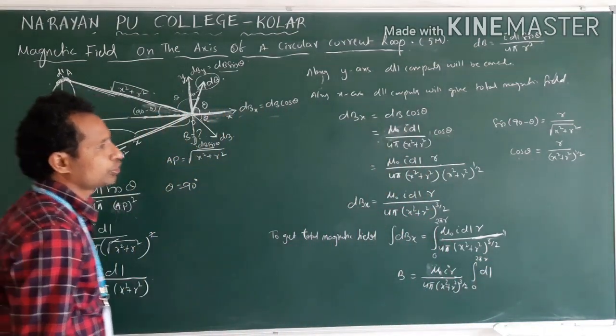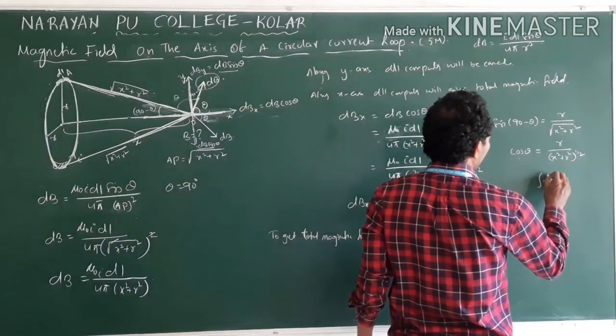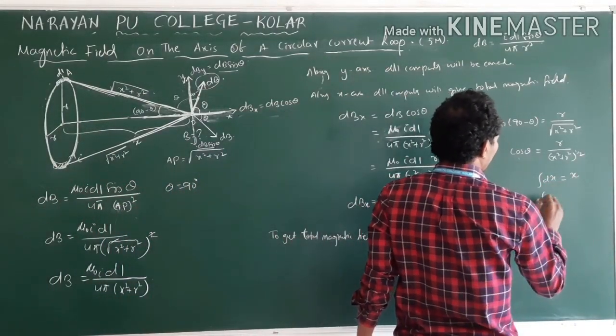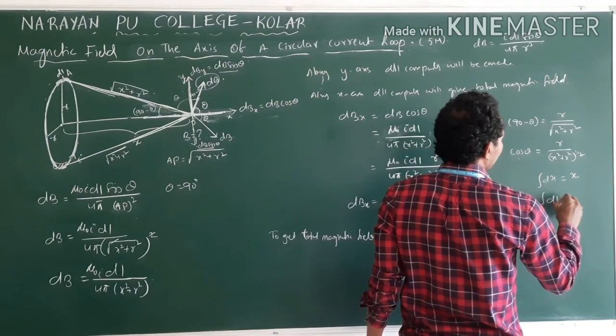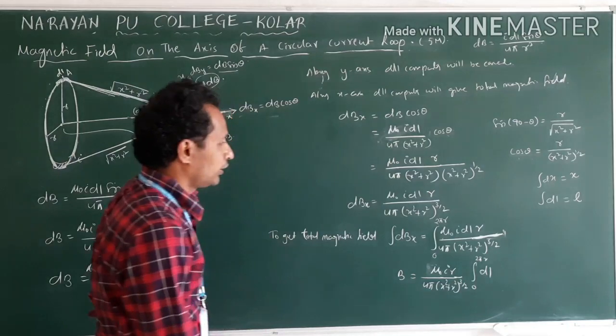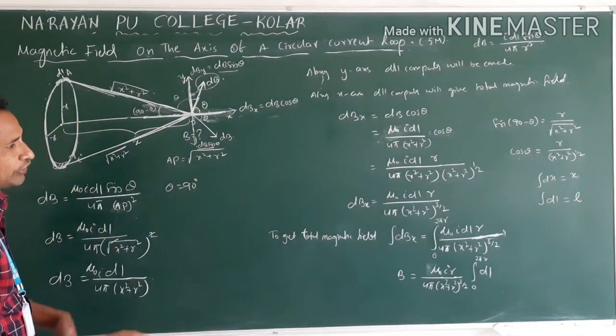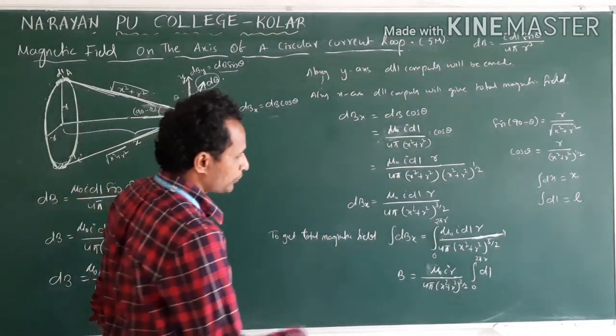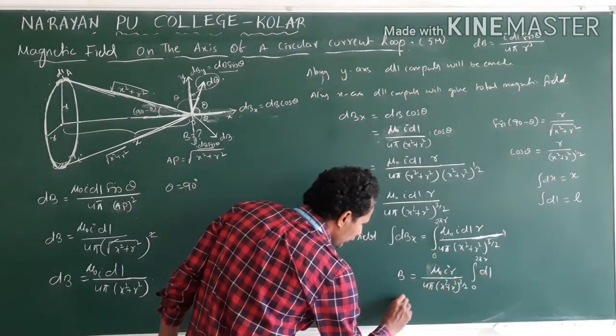Clear? So you know the formulas. Integration of dx is equal to x. Obviously, integration of dl is equal to l. Then we will substitute the limits and we will get the answer.